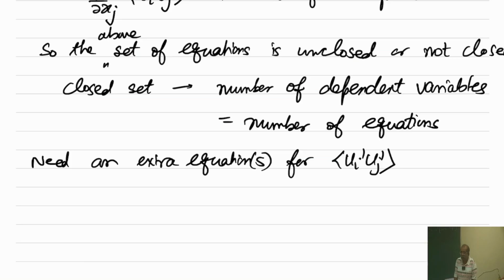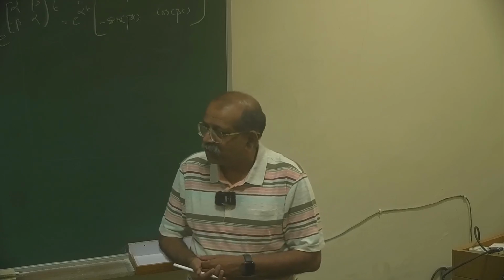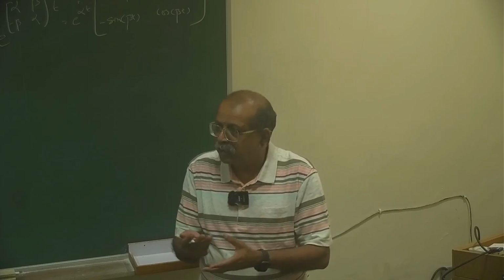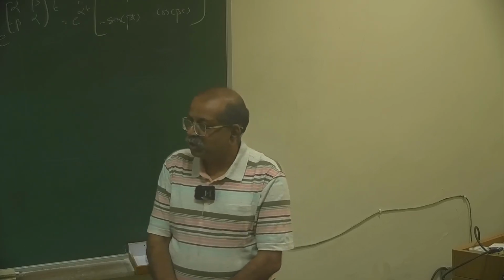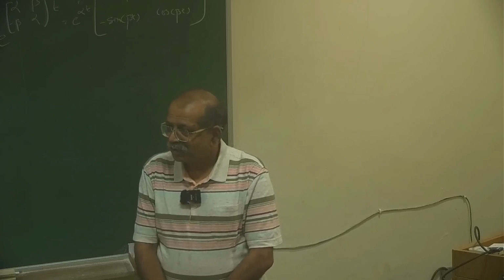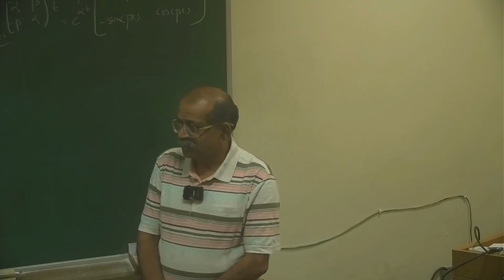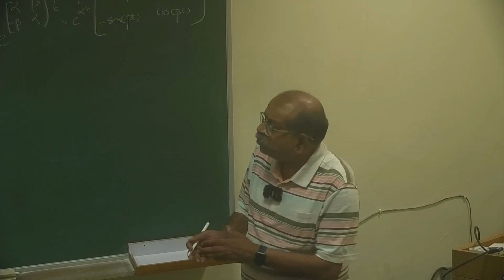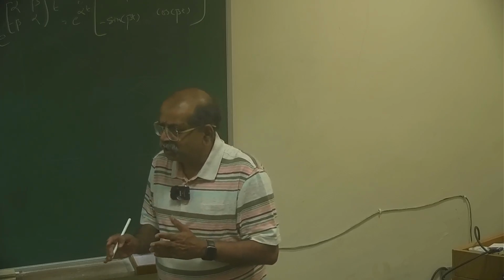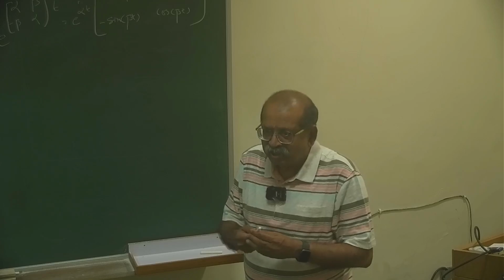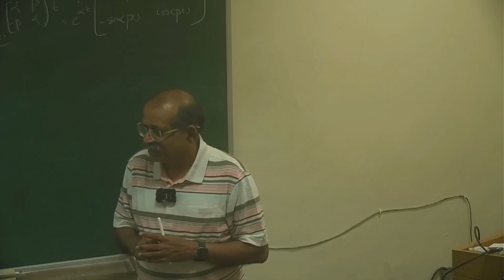So, the first question which comes to our mind is, we started with a closed set of equations, we did some mathematical manipulation, and now we end up with a set of unclosed equations. Can that mathematically happen or not? And the answer to that is, what is the procedure we have done to those equations? We have taken an average. So, when we take an average, clearly we lose details.